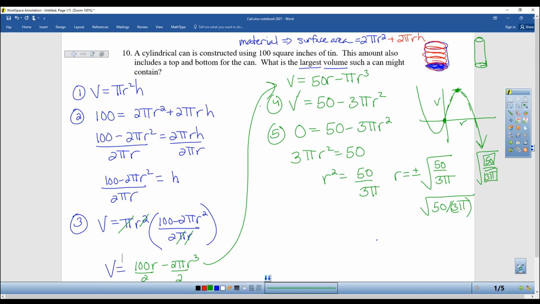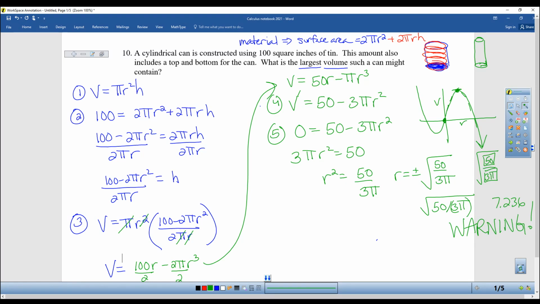But if you type into your calculator and you get 7.236, that means that you did 50 over 3 pi without putting the pi in parentheses. So this is my warning. If you make this mistake, I will take off half the points of this problem, even though it should be a 1-point error, because you have been warned.